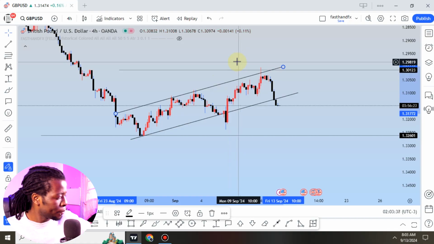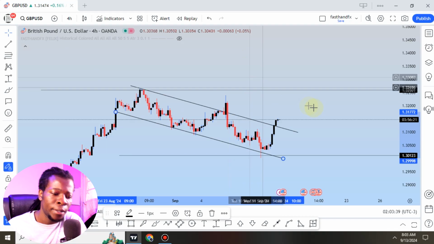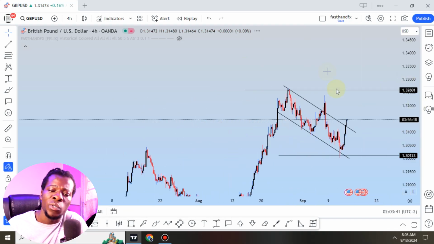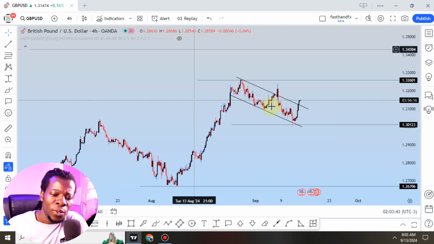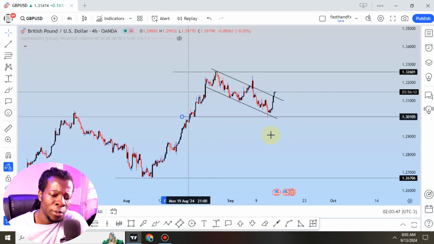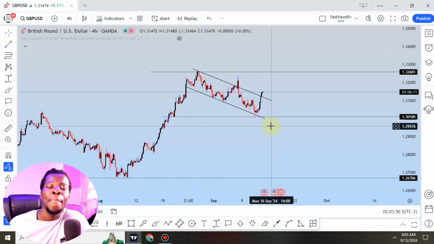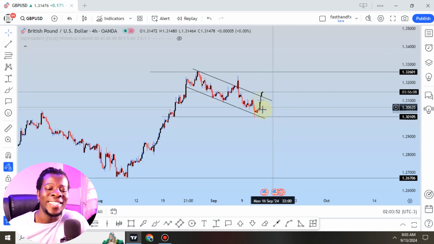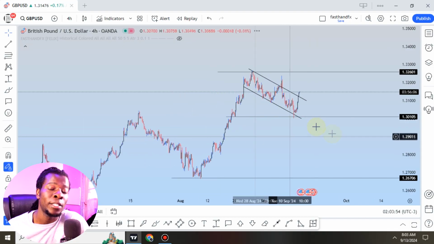Correct. So what we see is something like a bullish flag or a continuation pattern. For us to look for entries, right now we see that the market has already taken out this continuation pattern, this bullish flag.